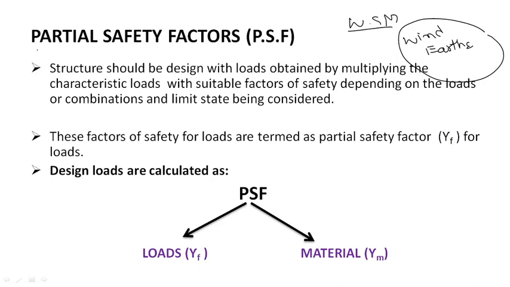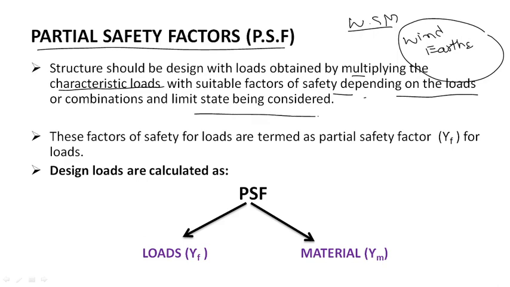Coming here, partial safety factor means the structure should be designed with the loads obtained by multiplying the characteristic loads with suitable factors of safety, depending on the loads or combination and limit state being considered. Simply, they multiply the characteristic load with suitable safety factors for limit state design.